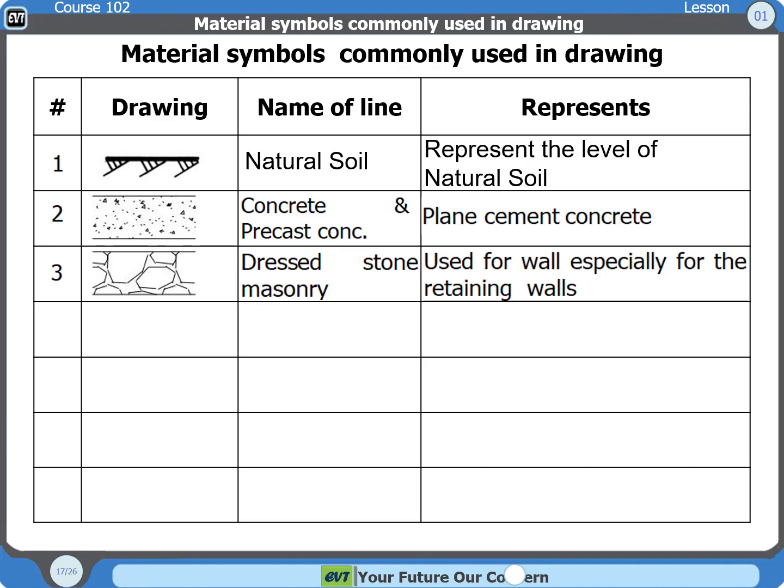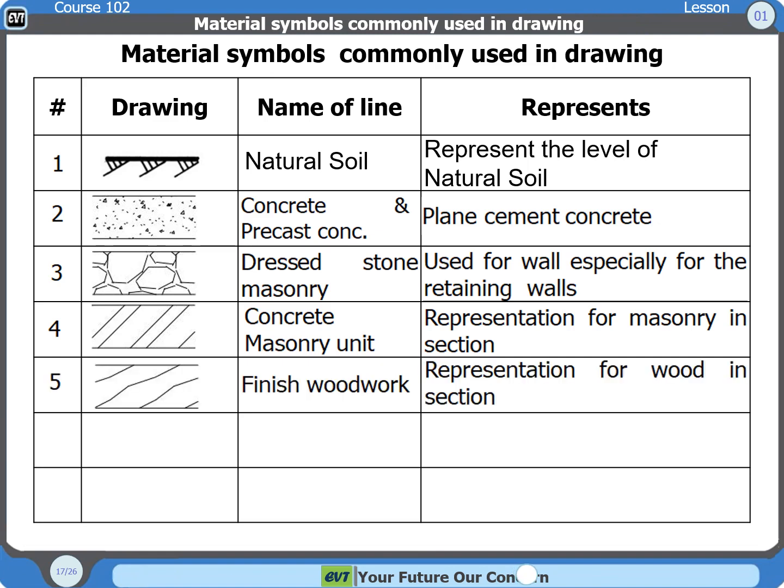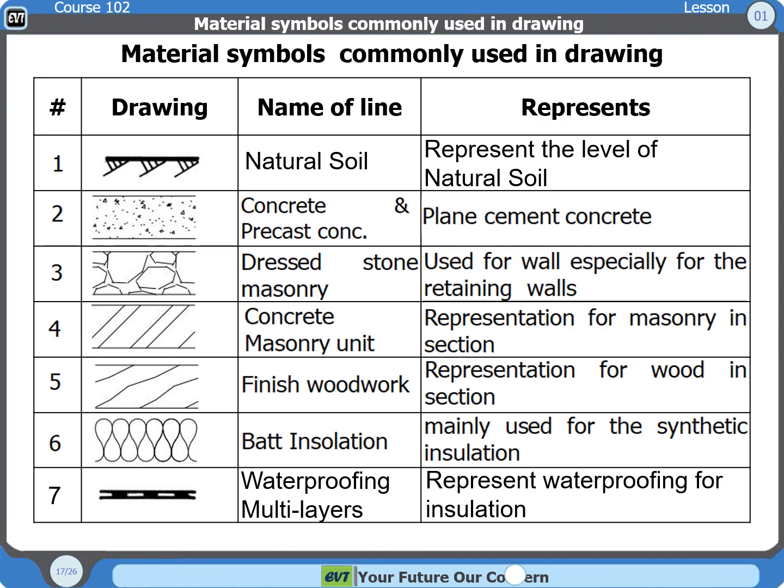Dressed stone masonry, used for walls, especially for the retaining wall. Next, we have concrete masonry unit, the representation for masonry in section. Next, we have finished woodwork, the representation for wood in section. Next, we have batt insulation, mainly used for synthetic insulation. Next, we have waterproofing multi-layers, representing waterproofing for insulation.